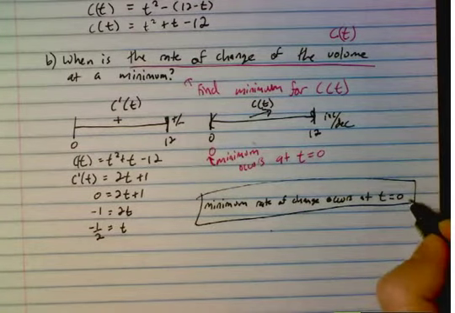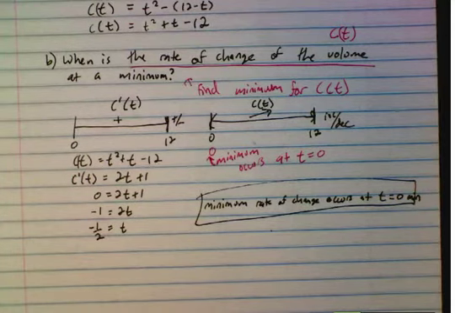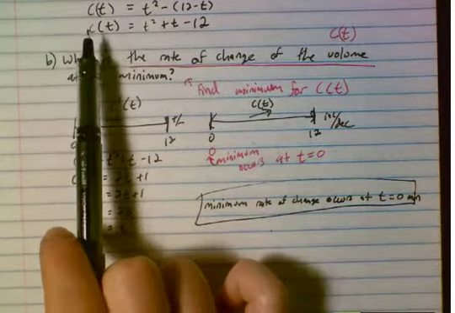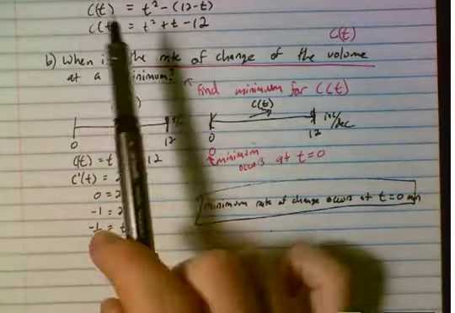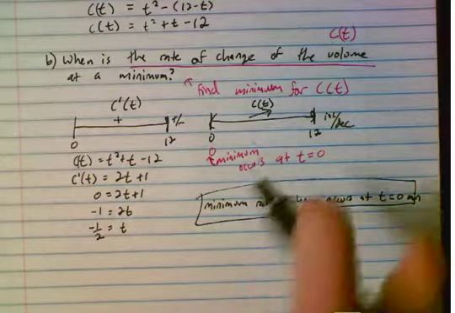And just make sure to have the units. That is minutes. If we had asked for the value, then we would need to plug in and figure out the actual value of C of t when t is 0, and at some other numbers, just like we've done for finding absolute minimum and maximum in the past. But for now, that's all we need to do.